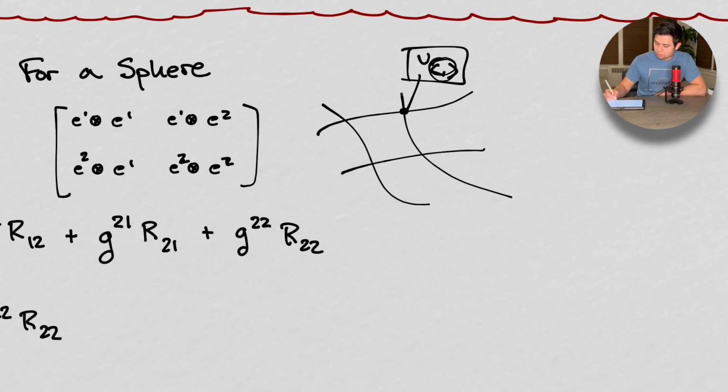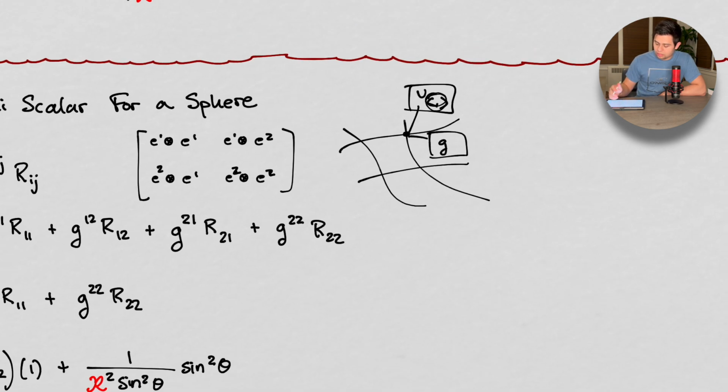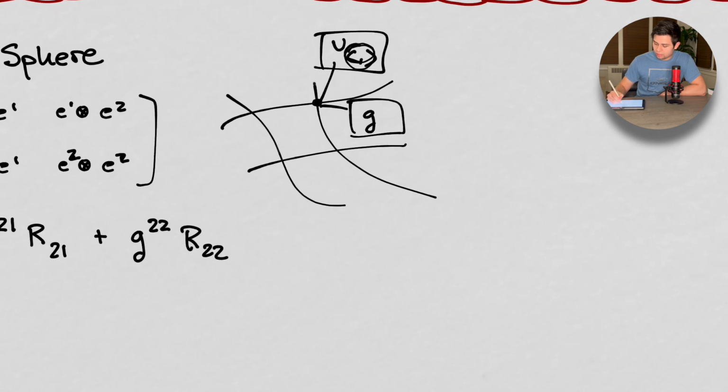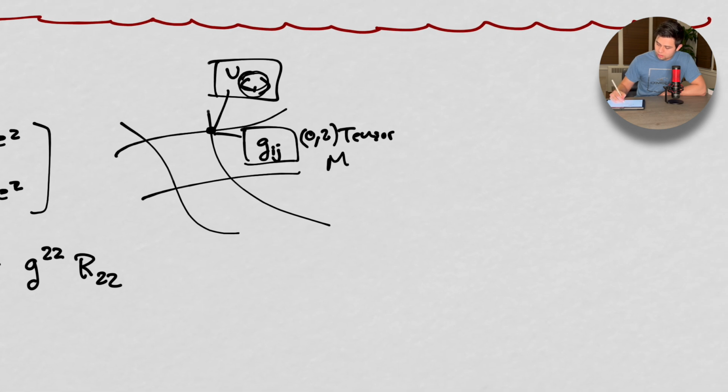To mimic this inner product, we invented another space that did that, and that was the metric space, and the space of this is rank 0, 2 tensors, right? This is rank 0, 2 tensor space. And this is our metric tensor.